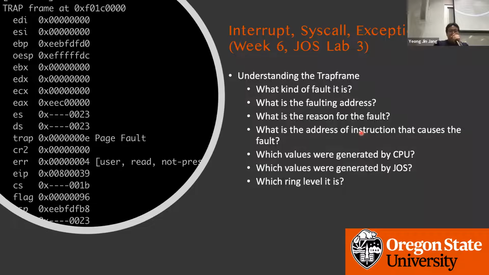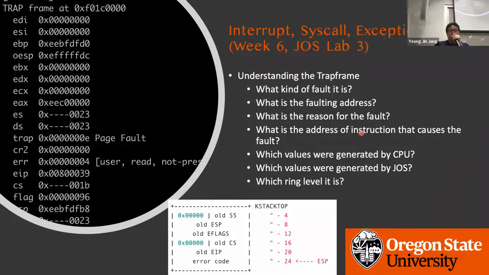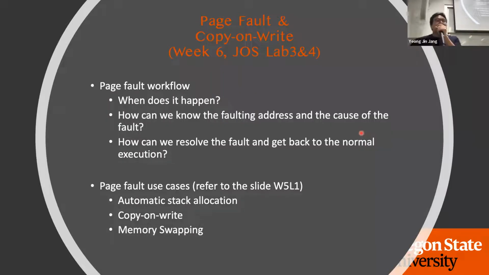And then after that, we tried to understand the trap frame, and we played with it to identify where to debug, and took a look at the error code, those kinds of things. And then after learning about the interrupt, I demonstrated some of the cases where we can implement copy-on-write with the page fault handler.